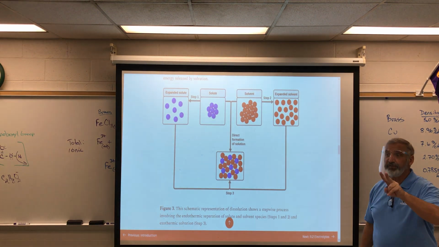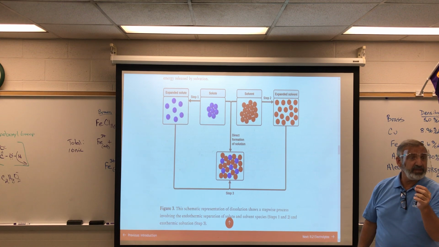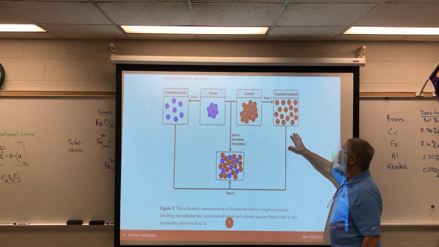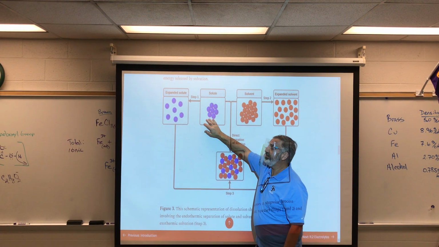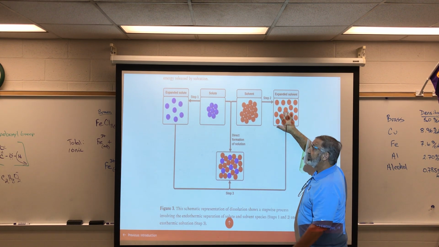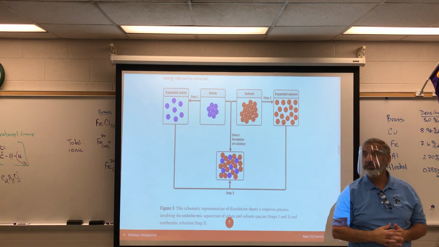If the first thing in the compound's a metal, we know it's ionic. If the first thing in the compound's a non-metal, it's covalent. So we have to look at those attractive forces, what's holding the solvent together, and then what is the attraction between the solute and the solvent, and that really is going to be the most important thing.